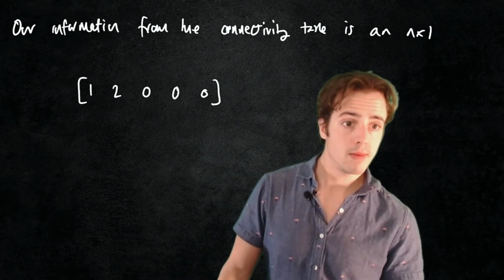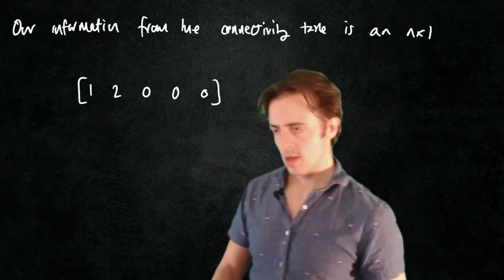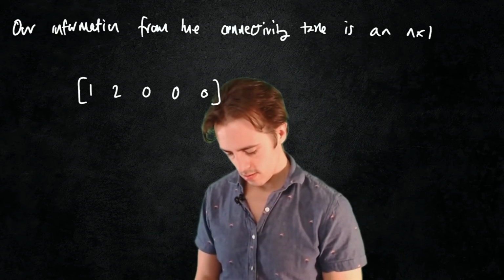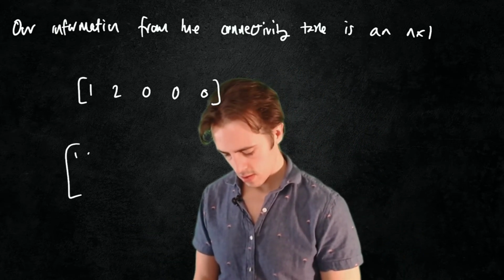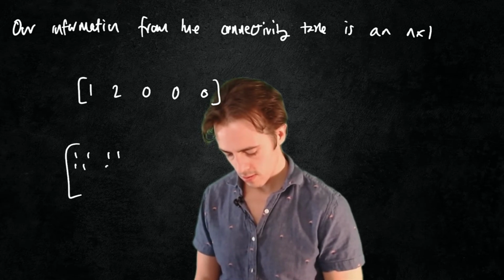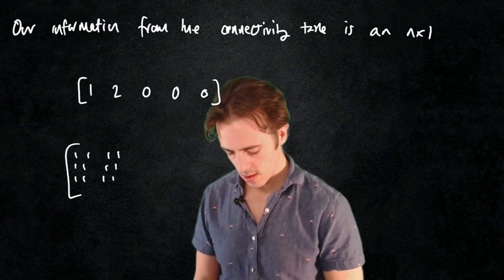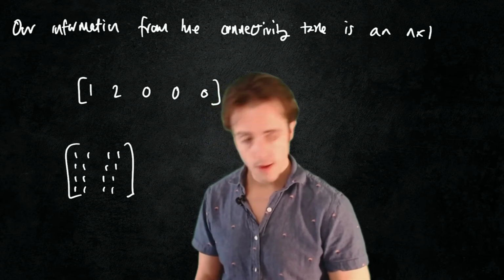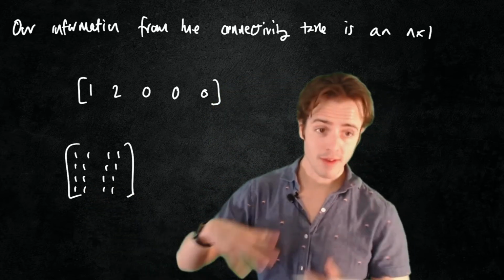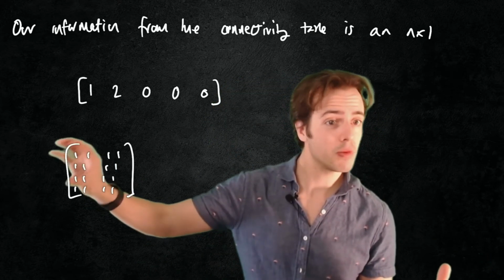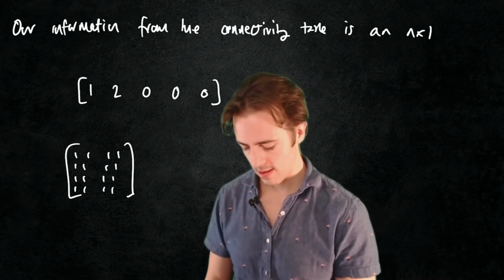And so let's just remember that for this problem, we've got our original element stiffness matrix. I've said it's just 1s, there could be some numbers in here, it doesn't really matter yet.